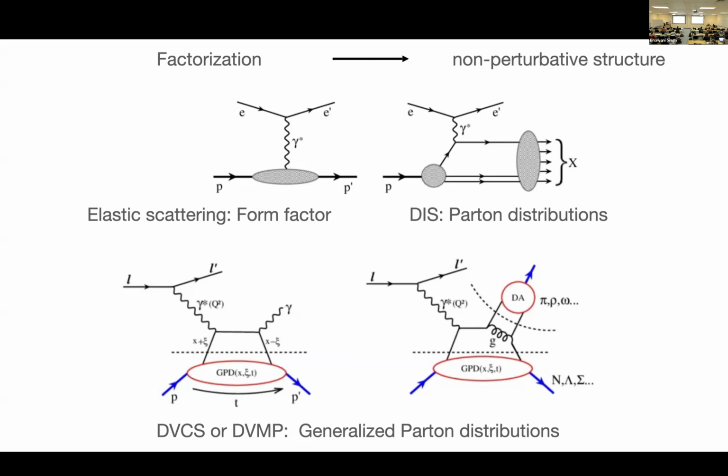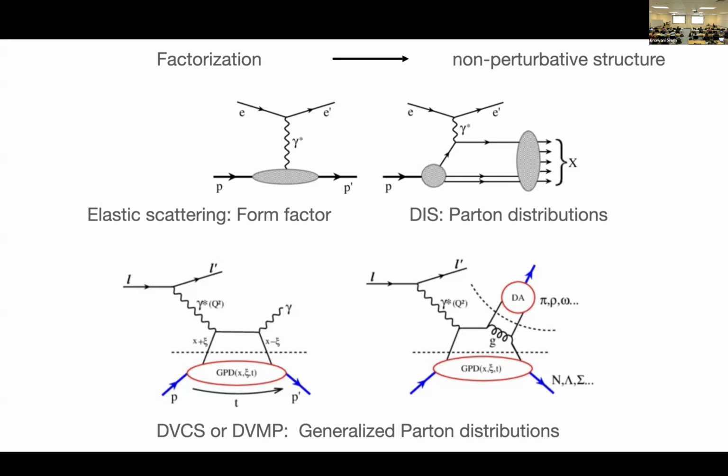And this object that I have drawn here as a blob is the electromagnetic form factor. In deep inelastic scattering, you can factorize the structure of the proton, which contains a parton of momentum fraction x that is pulled out here by the interaction with the photon, from the rest of the diagram, which is completely perturbative, what's happening at this vertex.